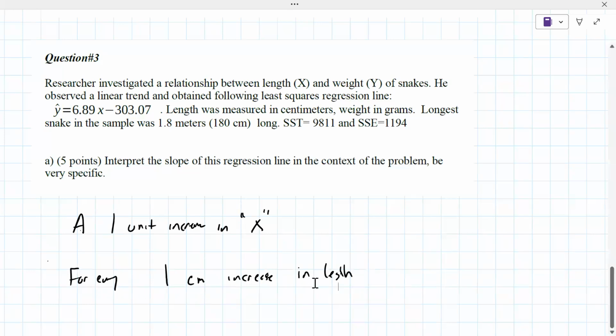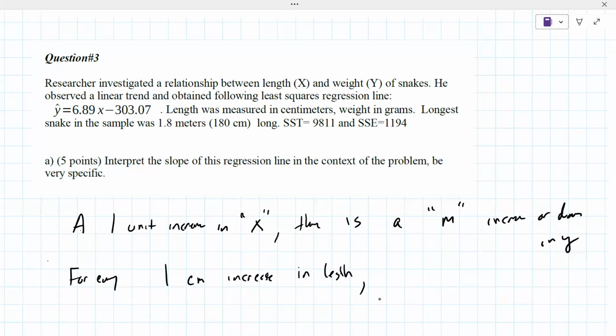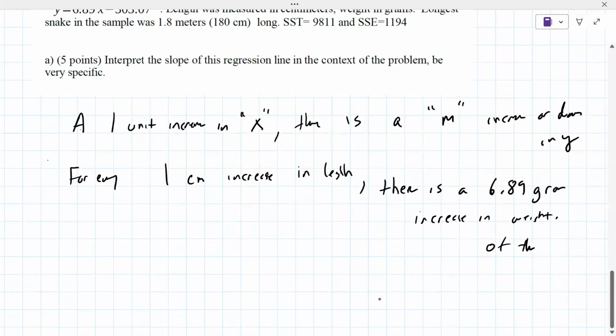For every 1 centimeter increase in length, there is, and this is the slope, and it could be an increase or decrease in Y. So for every 1 centimeter increase in length, there is a 6.89 gram increase in weight of the snake. You might even throw that in there, of the snake.